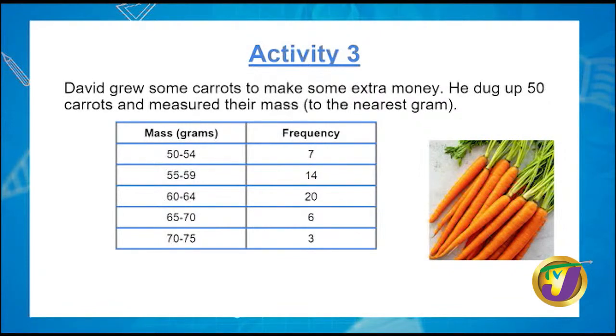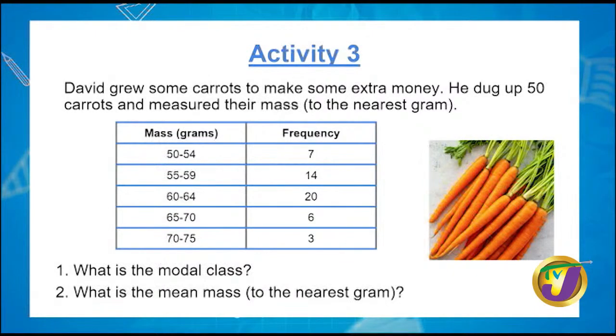If you were here last Friday, you will remember we spoke about creating frequency tables using class intervals. We see our class intervals in the left column and the frequency of carrots that fall within those class intervals. We need to find the modal class and determine the mean mass to the nearest gram for this data set.